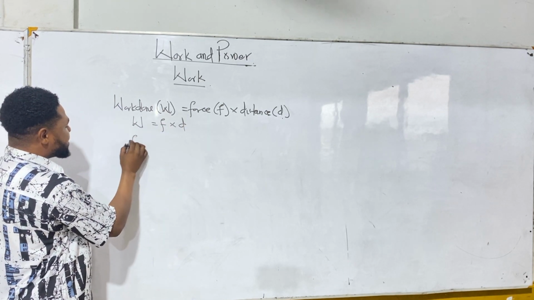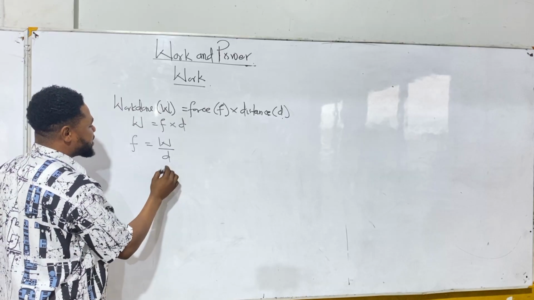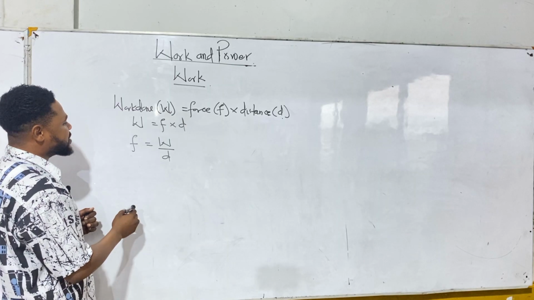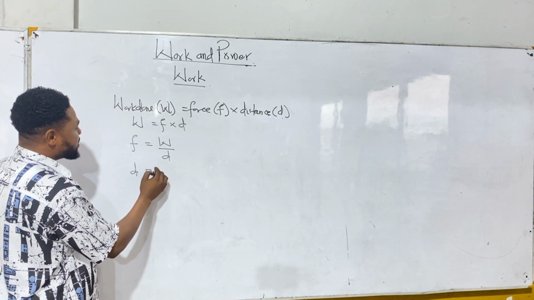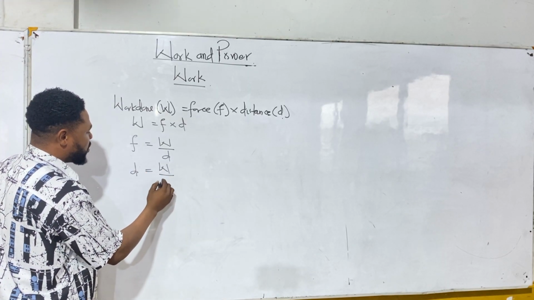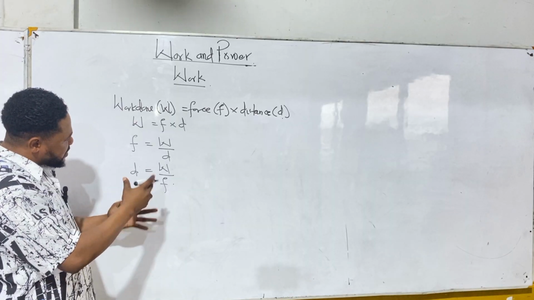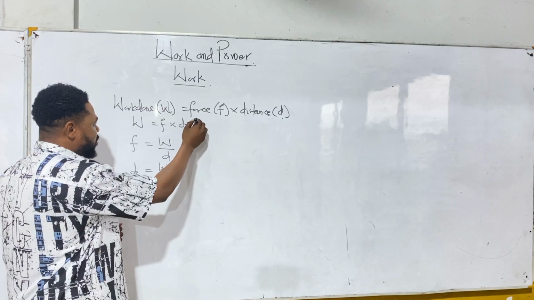So making force the subject, force is equal to work done over distance. We can also make distance the subject: distance moved by the body is equal to work done over force. So these are some formulas that we can have under work done.